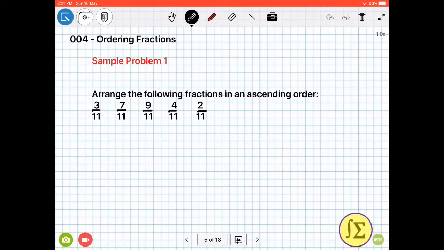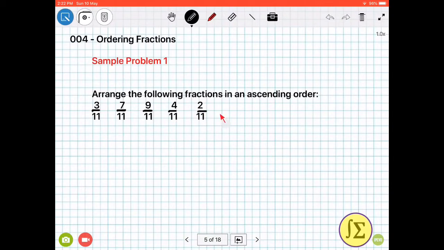So this is sample problem number 1. We're supposed to arrange these fractions in an ascending order, okay? That means from the smallest to the largest. As we can see here, there's one similarity between all these fractions, right? The denominators are the same. So what we have to do is just arrange them by looking at the values of the numerators.